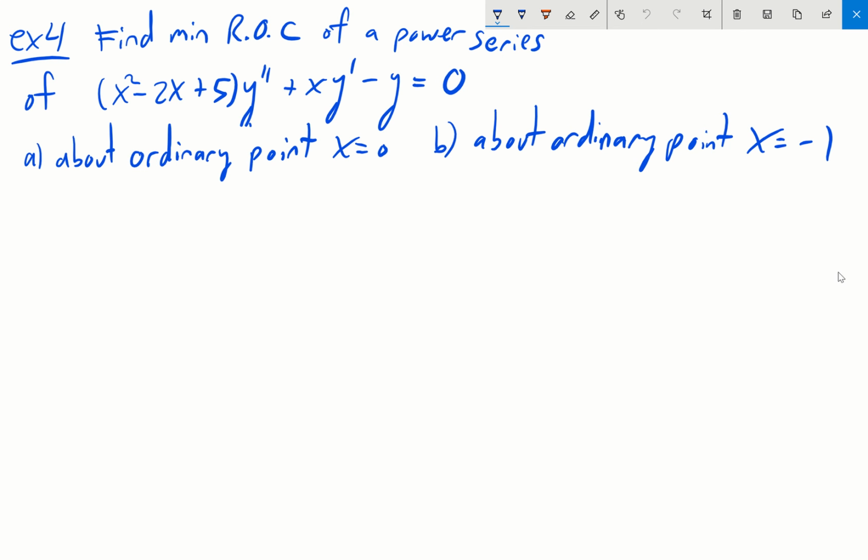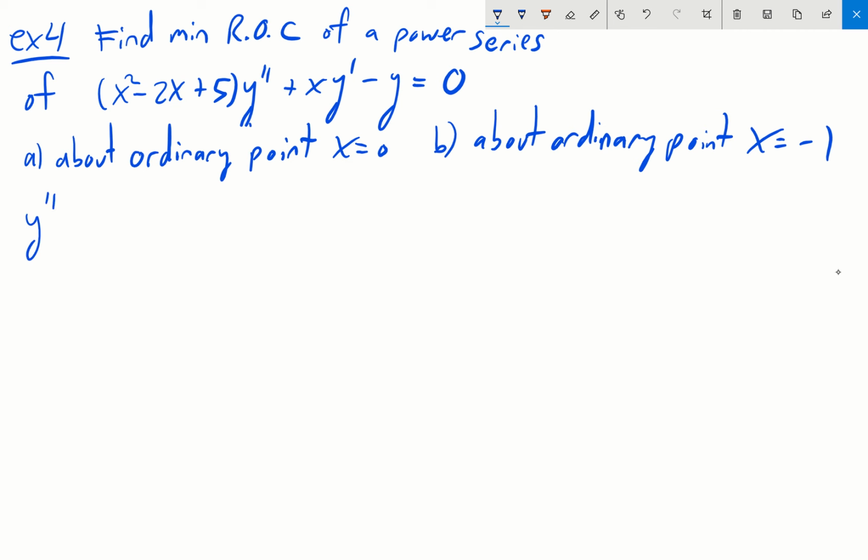In example 4, they say find the minimum radius of convergence of a power series solution of (x squared minus 2x plus 5) y double prime plus x y prime minus y equals 0. We're going to do it about the ordinary point x equals 0 and about the ordinary point x equals negative 1. So let's begin by first of all writing this differential equation in standard form.